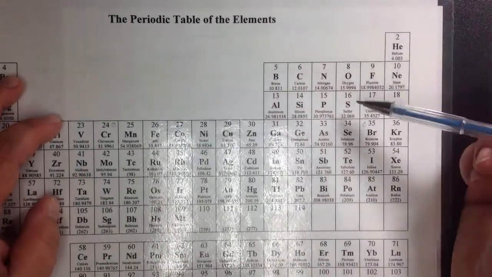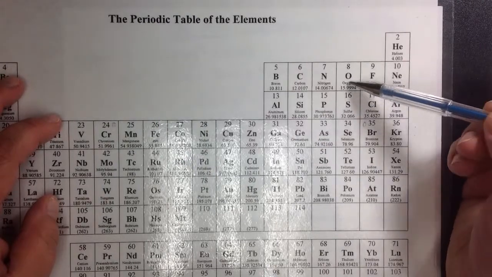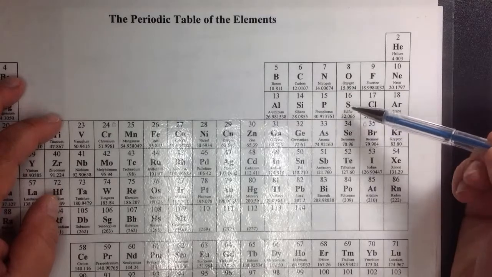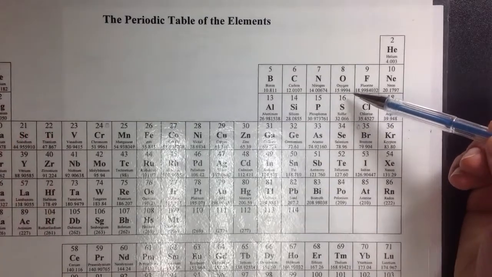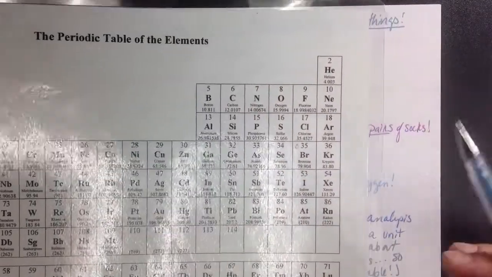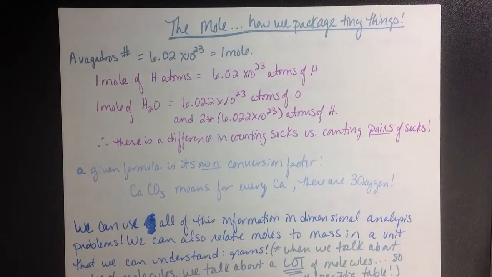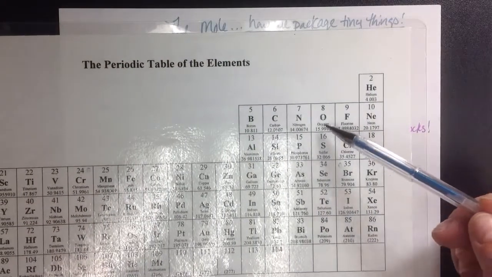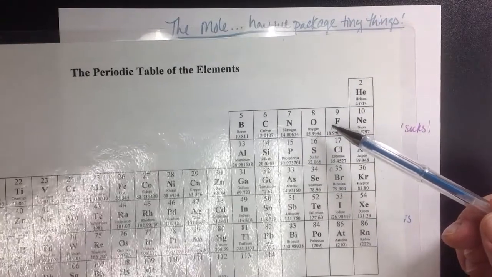If you look on the periodic table, you can actually determine the mass of 1 mole for any element. So here's oxygen's 15.9994. Fluorine's 18.99. It depends on how many significant figures you want to go there. But that's how much 1 mole of that compound or of that element is going to weigh.